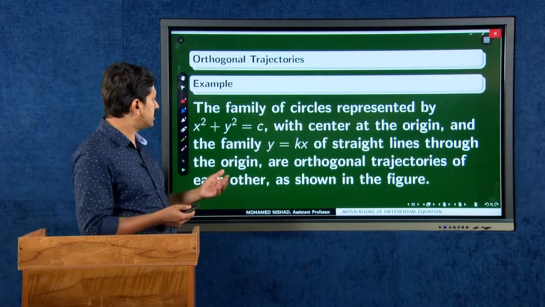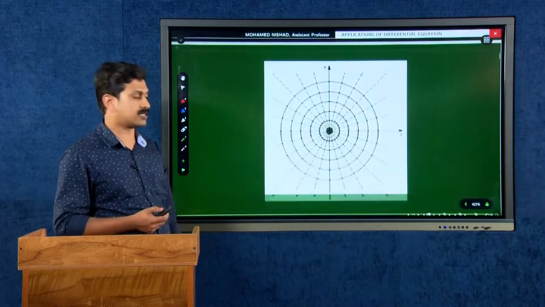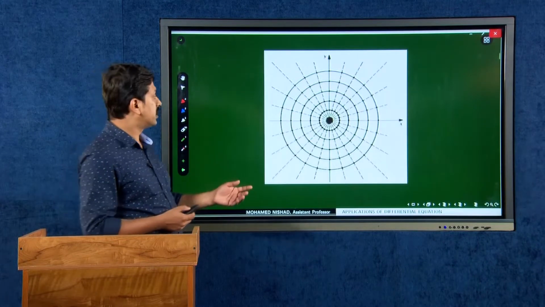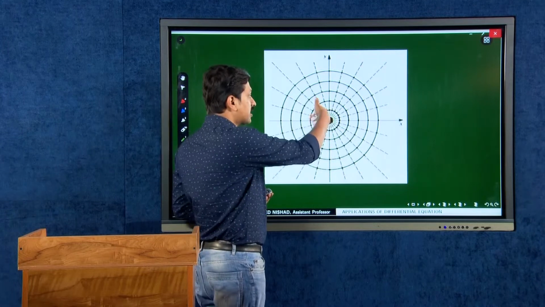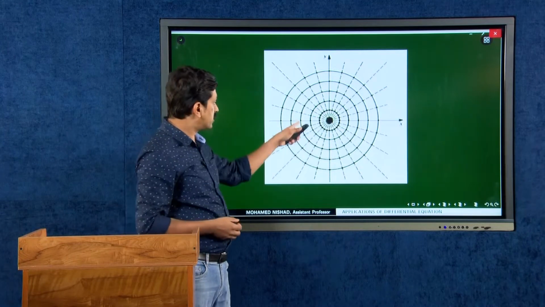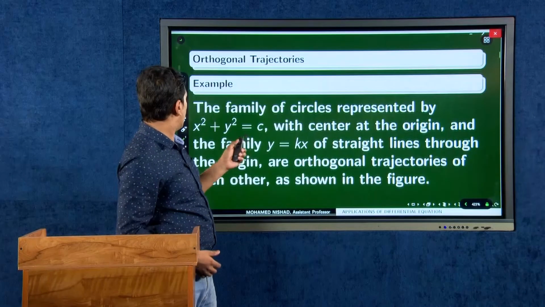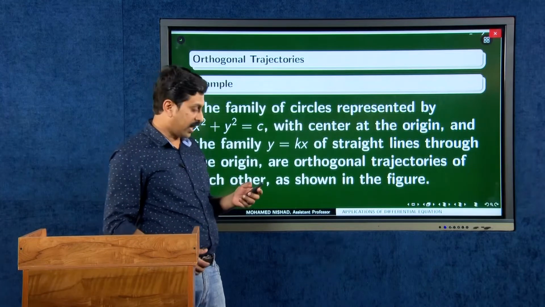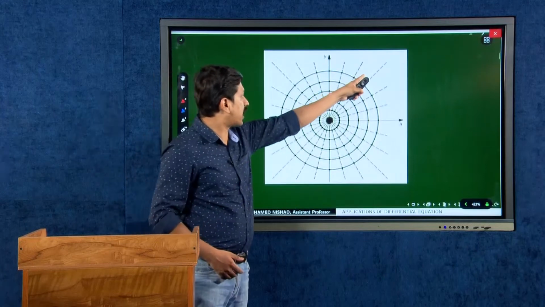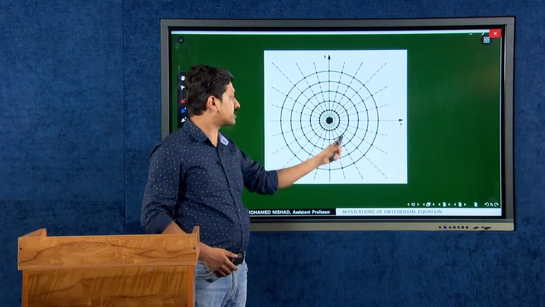So, we can say that these two are orthogonal trajectories of each other. These are the concentric circles x square plus y square is equal to c, and these dotted lines are the straight lines passing through the origin.